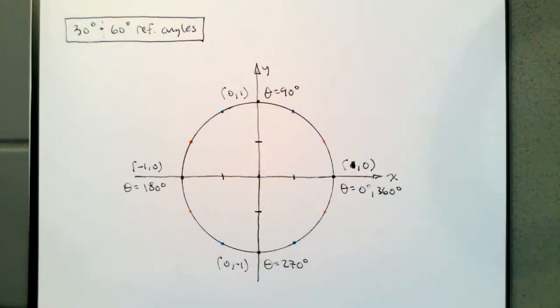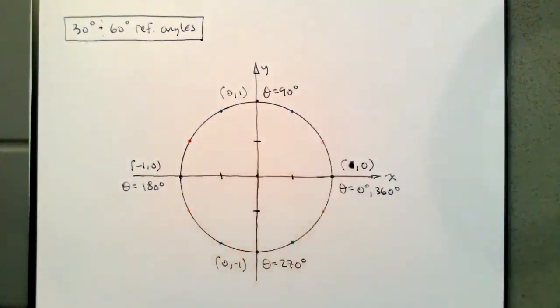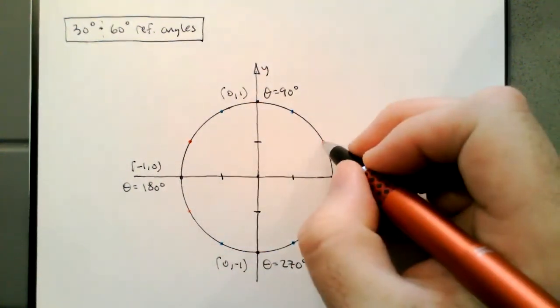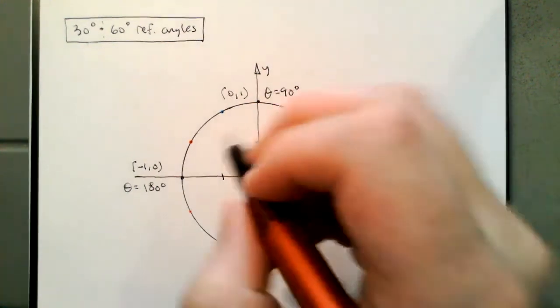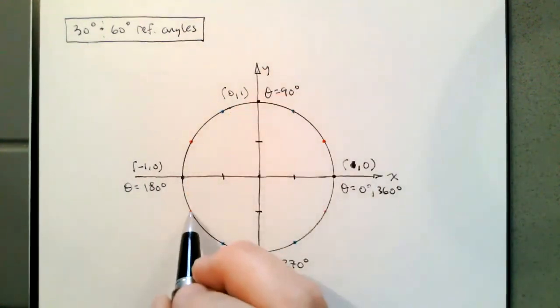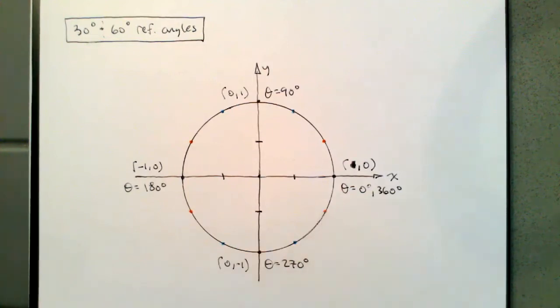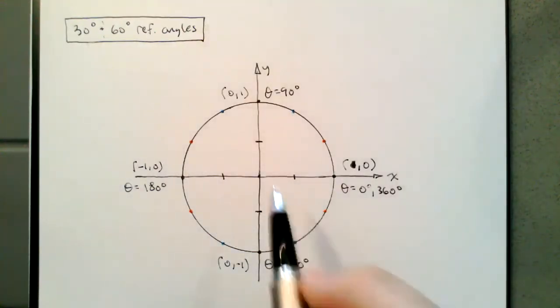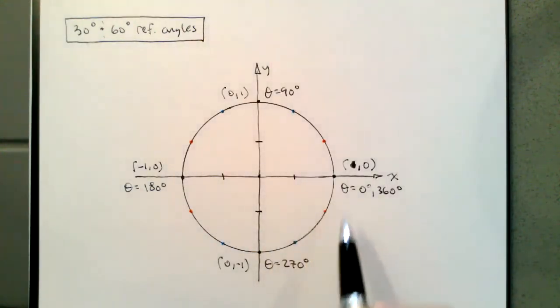So I'm going to look for where the y coordinate is equal to 1/2, and that's where 30 degrees is going to intersect the unit circle. I happen to be lucky that the maximum size of this gives me 1, 2, 3, 4 squares on my grid.